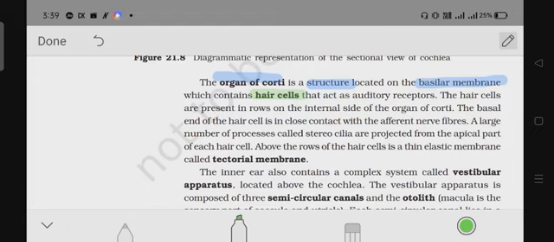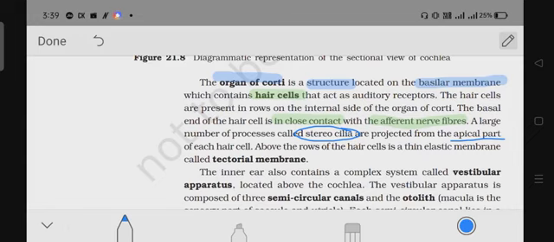On the basal side they are in very close contact with the afferent nerve fibers present on the basilar membrane, and on the apical side they have stereocilia.